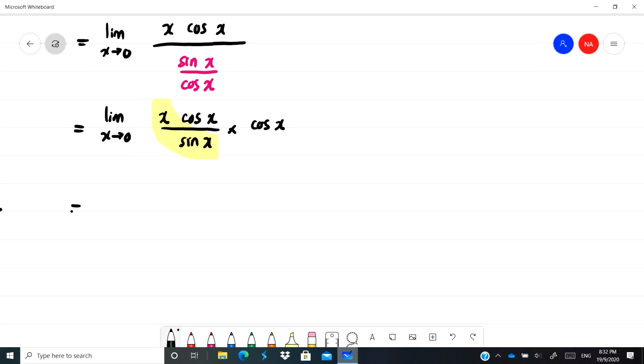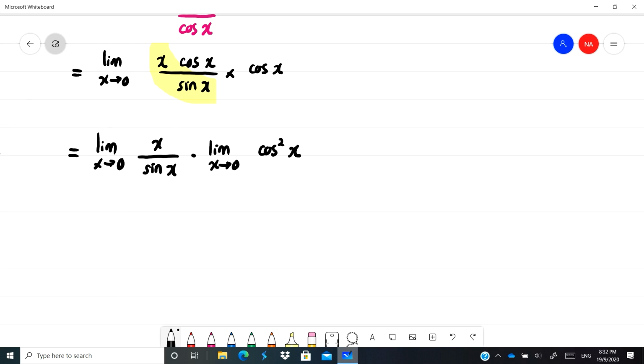So what we're going to have is limit as x approaching 0 of x over sine x multiplied with the limit as x approaching 0, I'm distributing the limit into the two functions, of cos square x, because cos x multiplied by cos x will be cos square x.